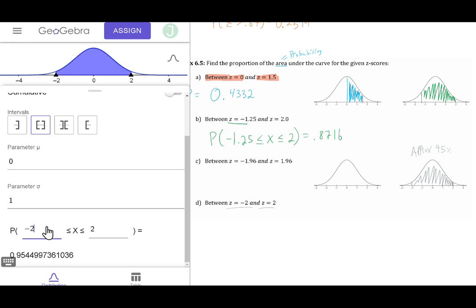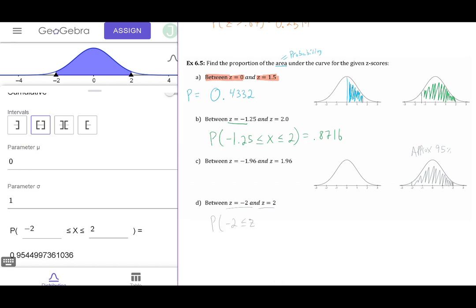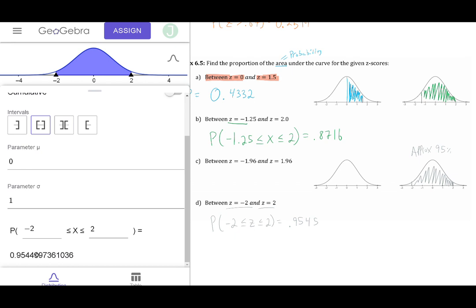So from negative 2 to positive 2, we'll see that the area here is actually 0.9545, rounding to 4 decimal places. We have 0.95449, which rounds up to 0.9545. So in reality, 95.45% of the data values are within 2 standard deviations. So the empirical rule is a good approximation, but it's not exact.